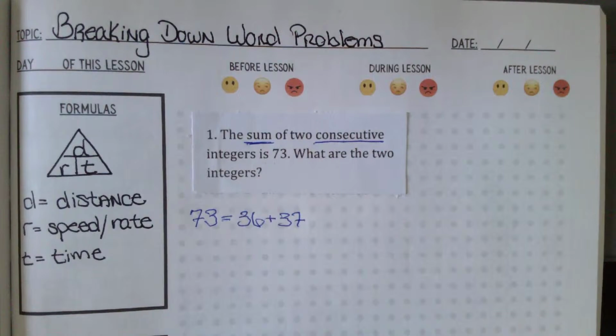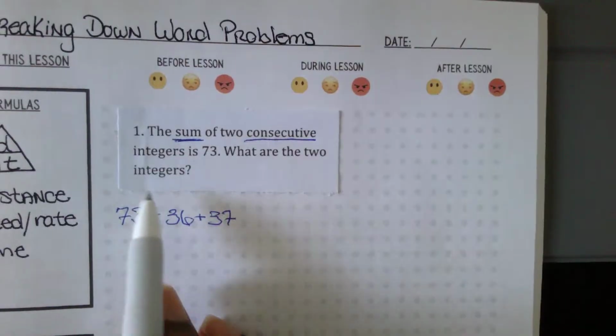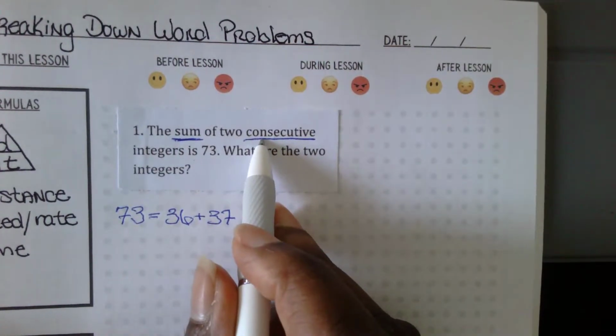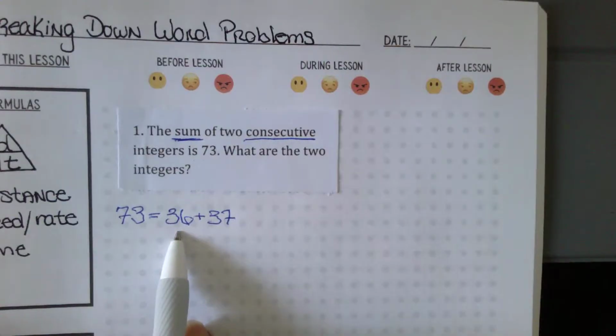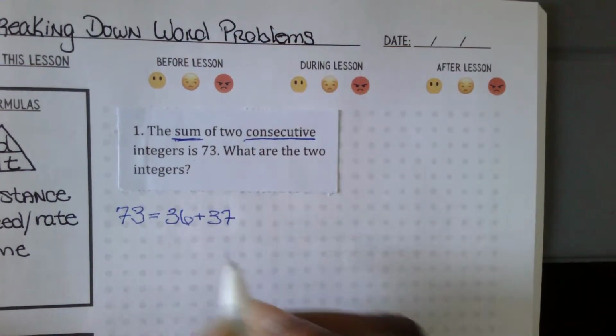So what we can do is look at it algebraically. We have the sum of two consecutive integers. In order for me to get from 36 to 37, I had to add 1.